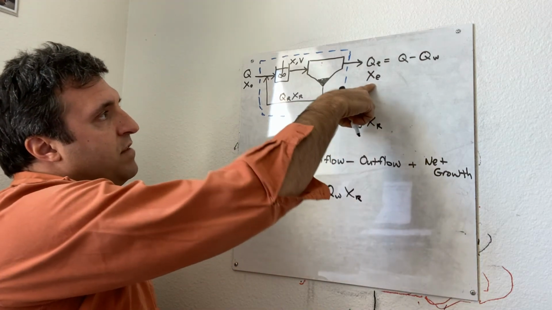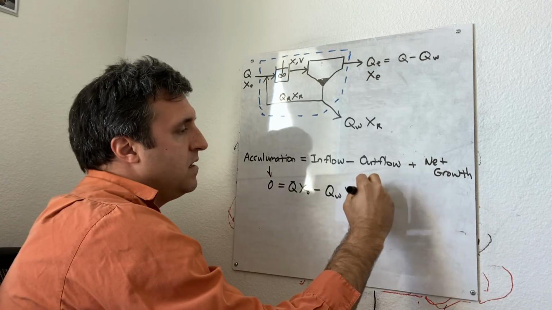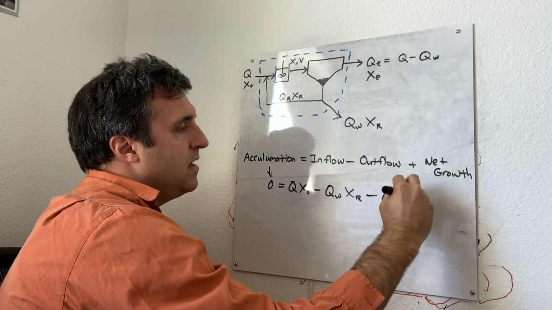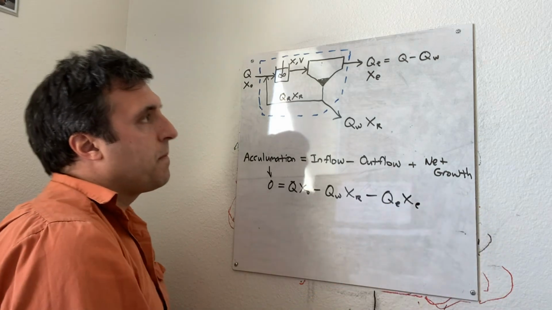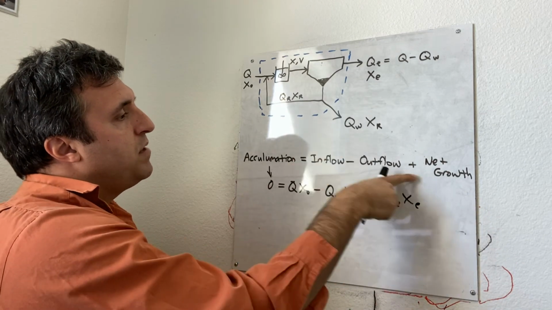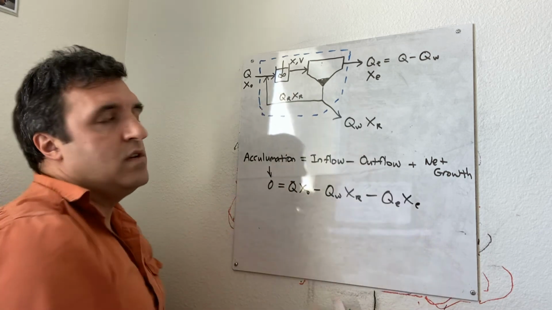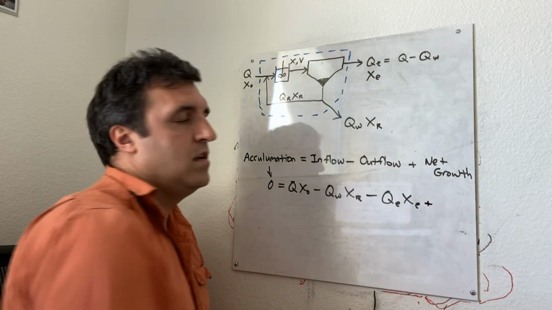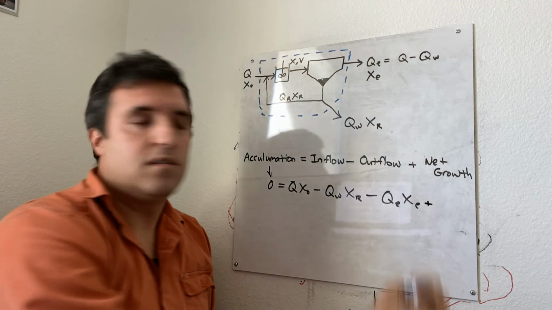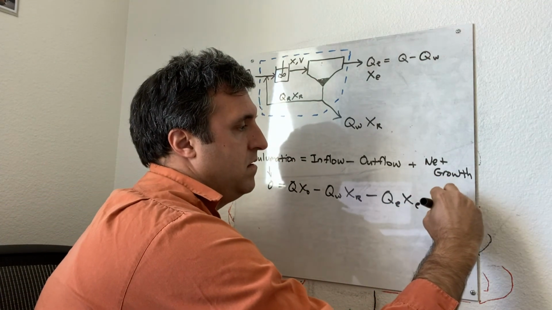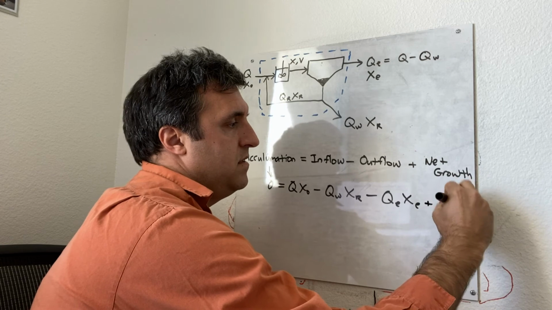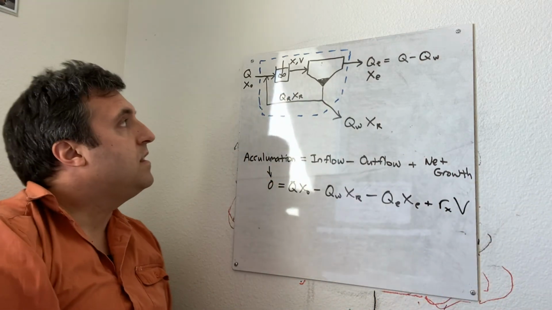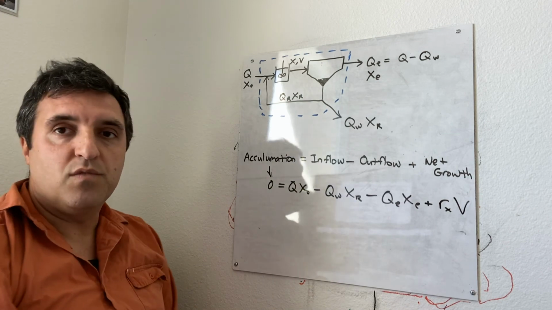And also we have leaving in the liquid effluent QE times XE. Plus the net growth. So net growth here can be represented by the growth rate, R sub x times V, the volume of the aeration basin where the growth is occurring.